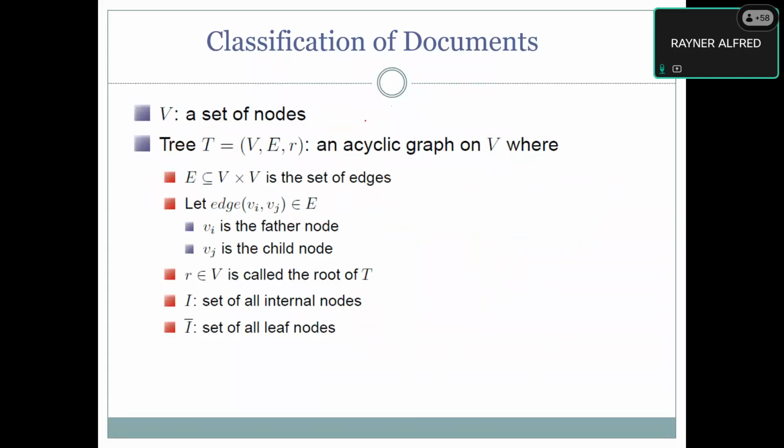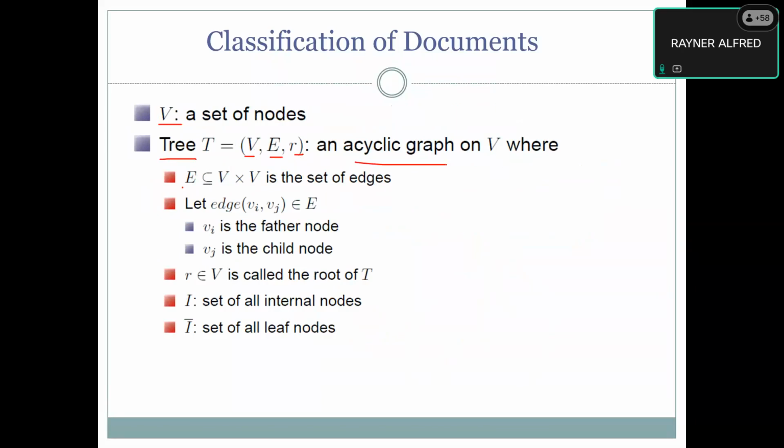If we formalize the classification for the document, we will have a set of nodes, V, and then we will have a tree consisting of the nodes, the edges, and also the root. Okay, so this is an acyclic graph on V, which means that we will not have a cycle or a circle inside our graph.